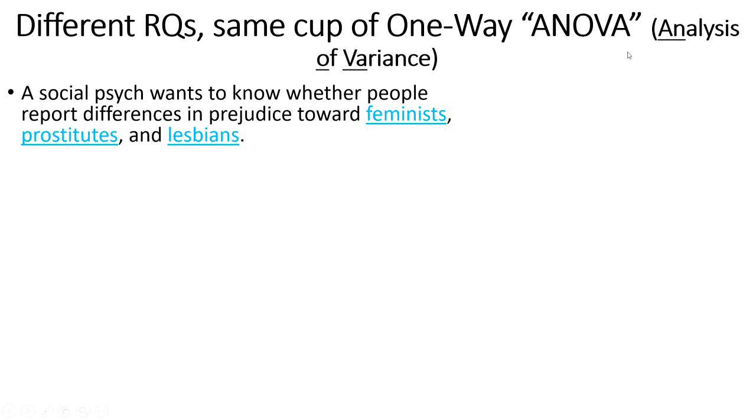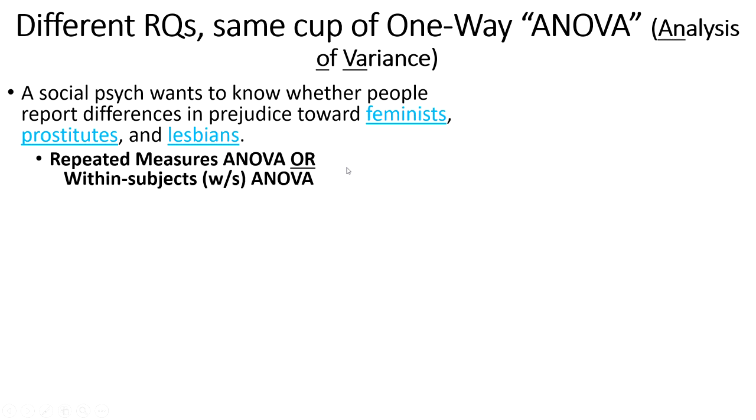And ANOVA stands for analysis of variance. That's where the name comes from, but don't worry too much about remembering that. It's more important to know that everyone usually just says ANOVA. And the specific type of ANOVA that we'll need to conduct here is called a repeated measures ANOVA or a within subjects ANOVA.